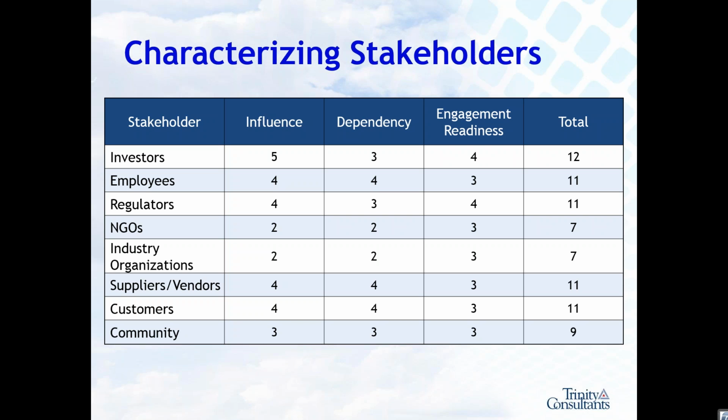dependency, engagement, readiness. And then once that has been evaluated, then we've determined in this example, investors, that is our highest priority stakeholder that we would like to initiate some sort of engagement with or reassess our current engagement with to make sure that it is meeting the intended outcomes of our management system or of your organization.